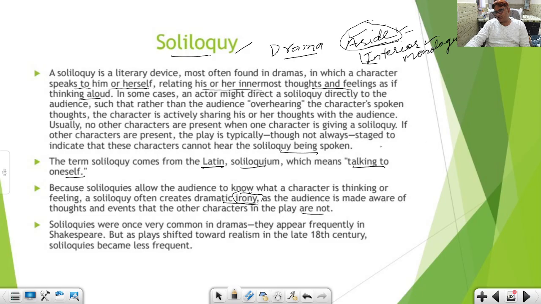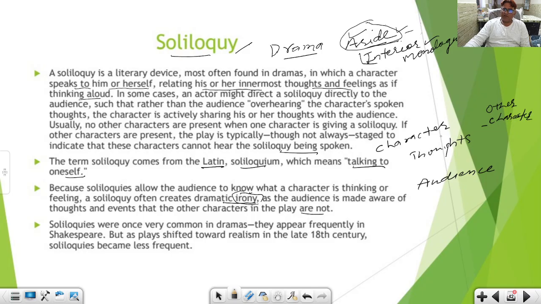One is the character, okay, character. Then we have his thoughts, and there we have the audience. Okay, audience. Now, here we have some other characters as well, other characters in the drama or play.